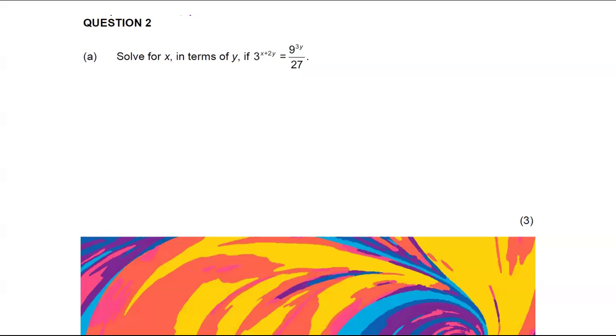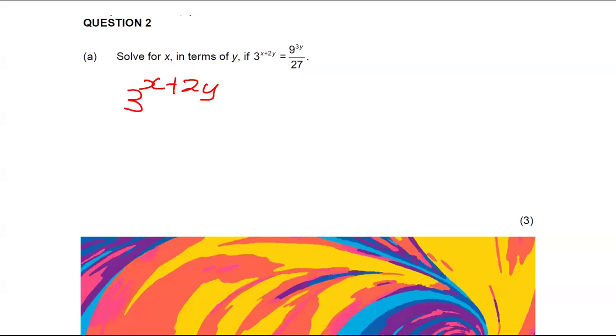Now, to simplify the bases, you first have to make sure that you prime factorize. Already 3 is a prime number, so you don't need to change 3. Basically, I will just write it as 3 to the exponent of x plus 2y, because it's already a prime number.